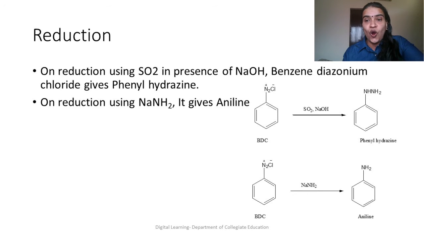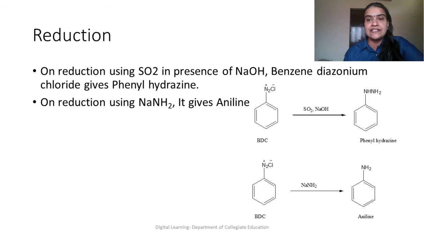Then reduction. What are the products we'll be getting on reduction? On reduction using SO2 in presence of sodium hydroxide, benzene diazonium chloride gives phenyl hydrazine. Phenyl hydrazine can be represented with the formula C6H5NHNH2.